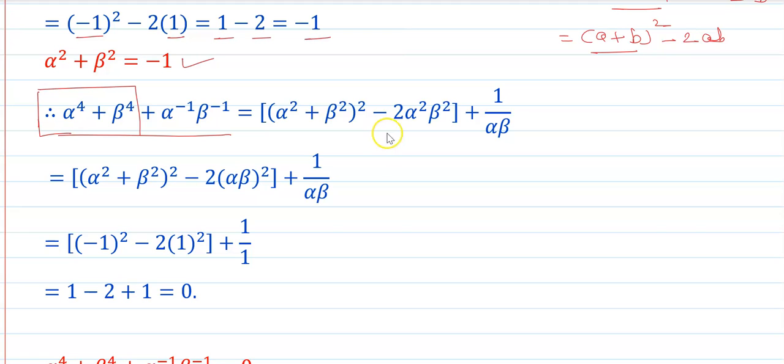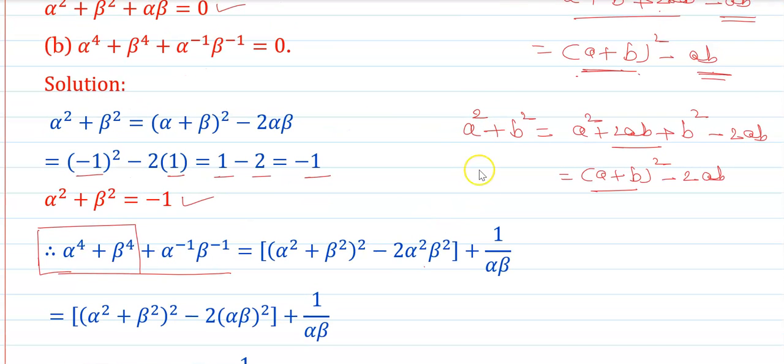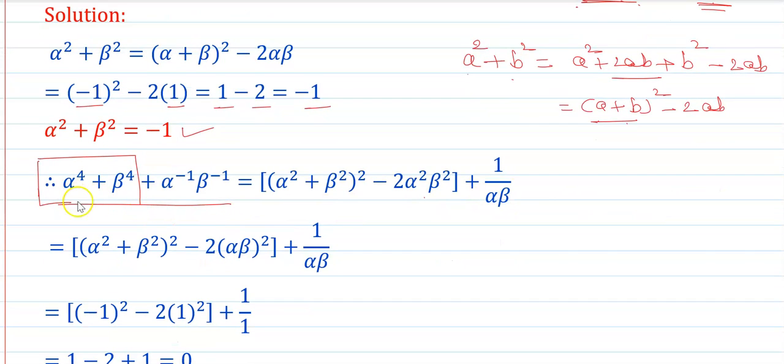To balance it, we need to take minus 2 alpha square into beta square here. Similar to this, a square plus b square as we had written here, a plus b bracket square minus 2 times ab. Similarly here alpha raised to 4 plus beta raised to 4 can be written as alpha square plus beta square bracket square minus 2 times alpha square into beta square.